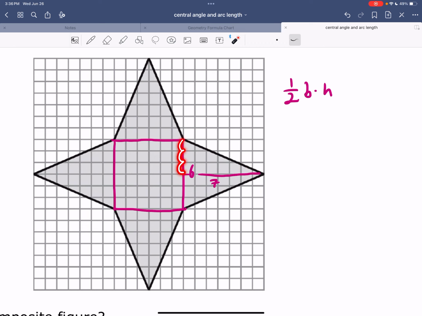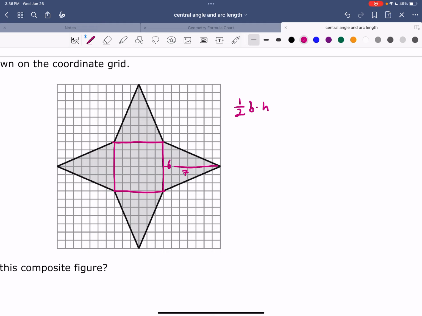1, 2, 3, 4, 5, 6. So for the triangle, it's going to be 1/2 times 6 times 7, so it's going to be 21. So we have a 21, 21, 21, and this is also 21.